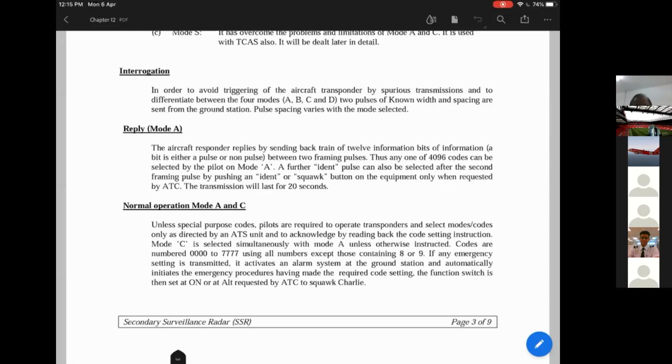They tell you what modes to use, except during an emergency where you are entitled to be on your own, and you have to inform the ground controller what type of emergency you have. For each type of emergency, there are separate codes which we will discuss slightly later today. You press those particular codes only in an emergency. Otherwise, mode A and C are normally operated together.